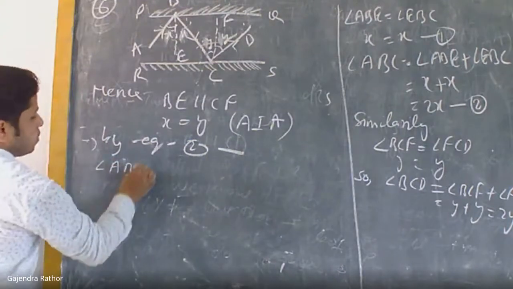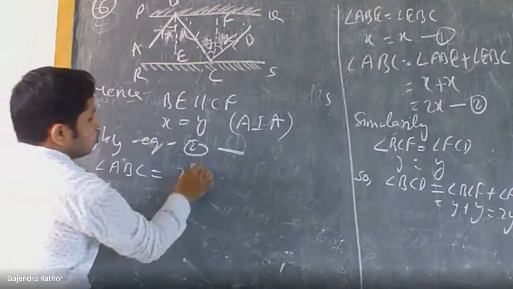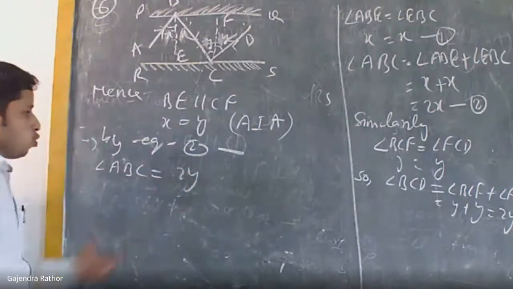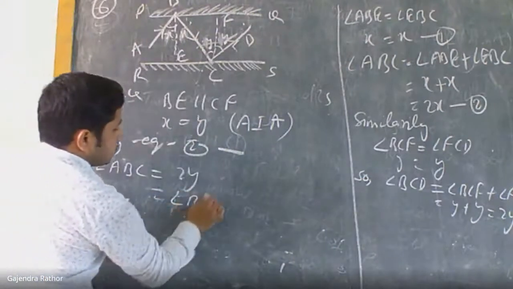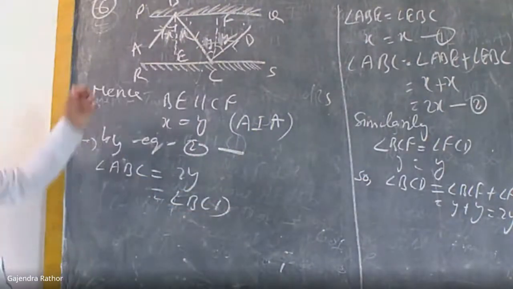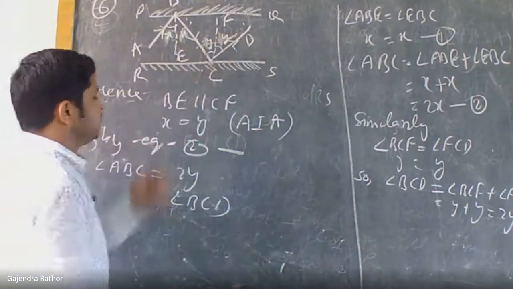So, ABC is equal to 2X. X replaced by Y, 2Y. But 2Y is the value of angle BCD. So now we see that ABC is equal to BCD.